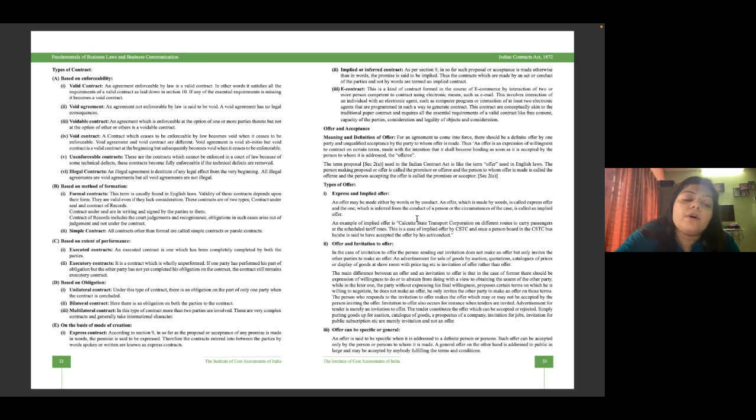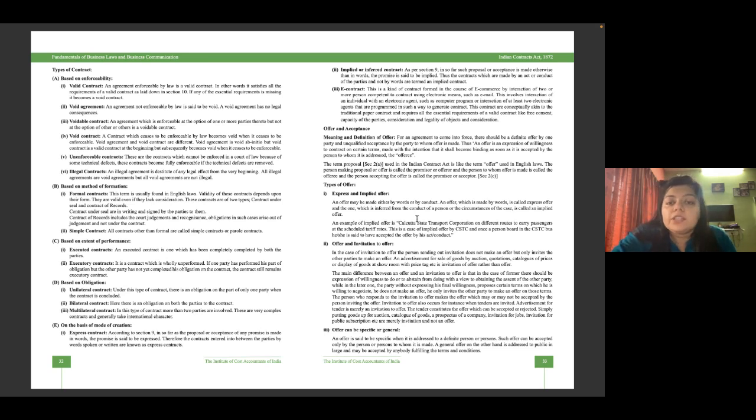And finally, we talk about the multilateral contract, which is a type of contract where more than two parties are involved. These are very complex contracts and generally take an international character, and they are the ones that we consider as multilateral contracts.